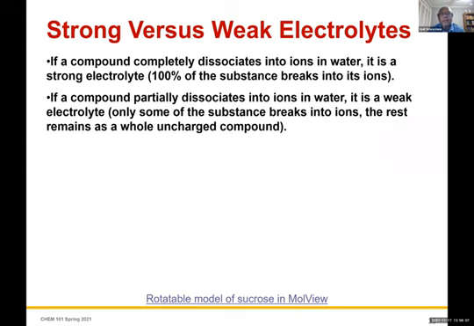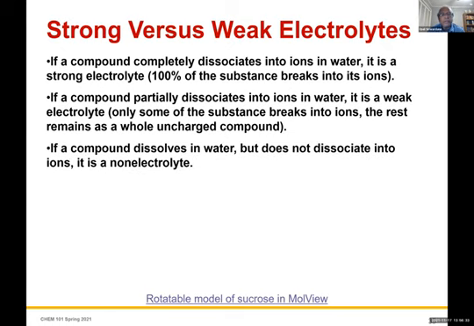If a compound partially dissociates into ions in water, it is a weak electrolyte, for example acetic acid. Some of the substance breaks into ions, the rest remains whole. Weak acids and bases also, we're going to talk about; their dissociation is partial. If a substance dissolves in water but does not dissociate into ions, it is a non-electrolyte.